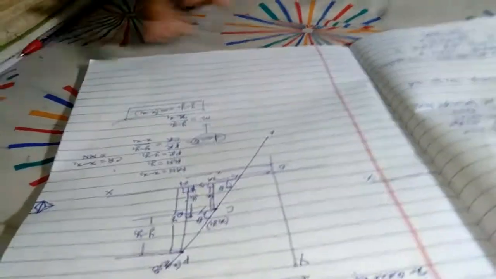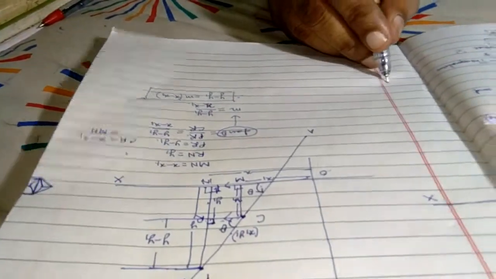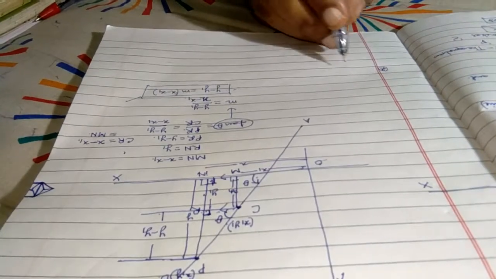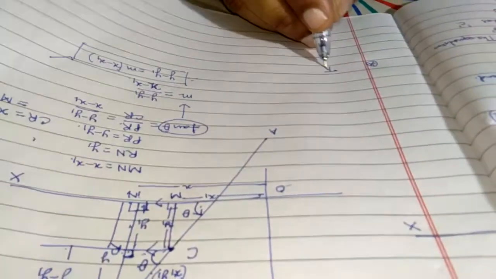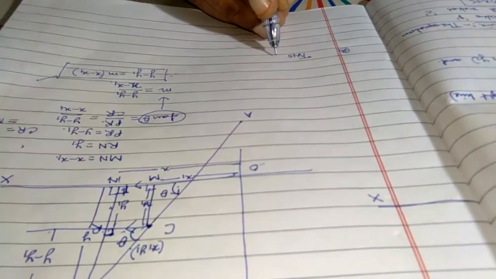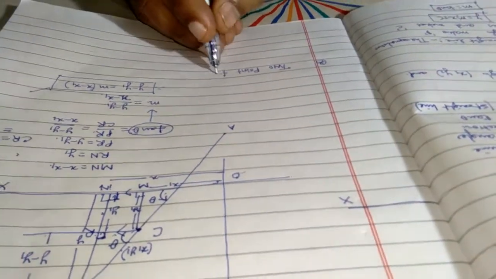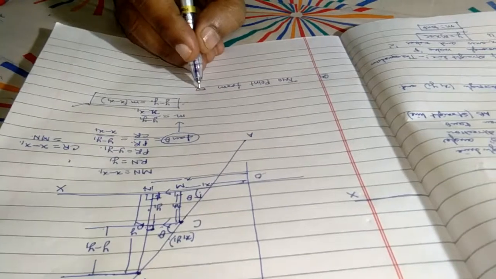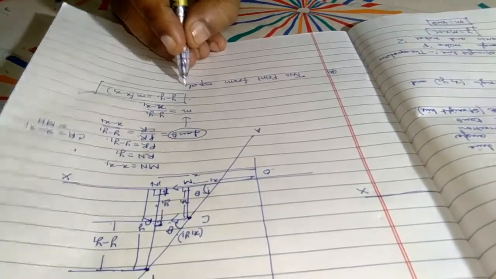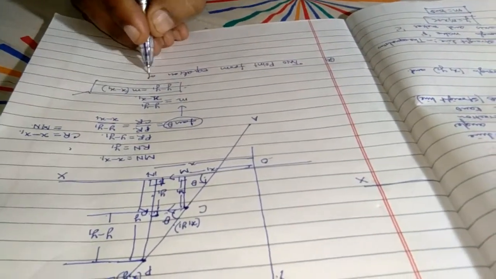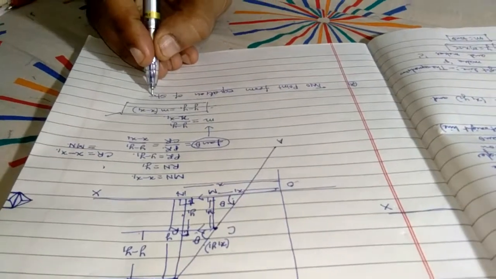Now we are going to another form of equation of a straight line. Now another form is two-point form. Two-point form of equation of a straight line.